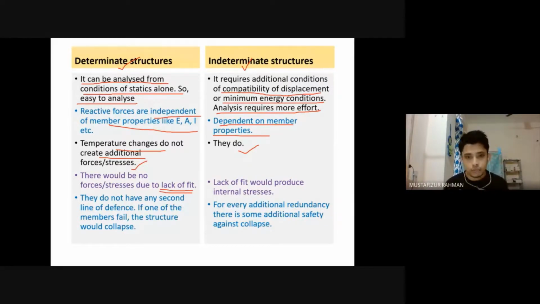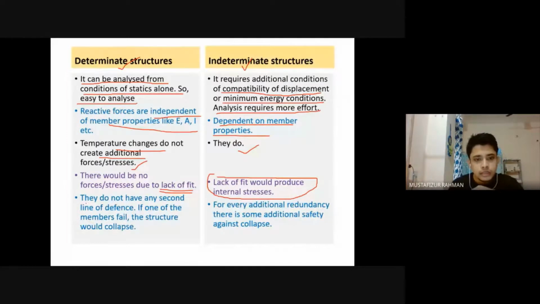If it is smaller, then also we have to do some extra work to make it properly fit into the structural system, and that also is going to raise some additional stresses in case of indeterminate structure. But in case of determinate structure, that problem does not arise. The structural system can take care of that. Okay.